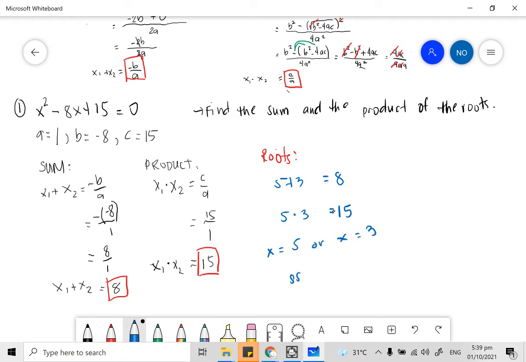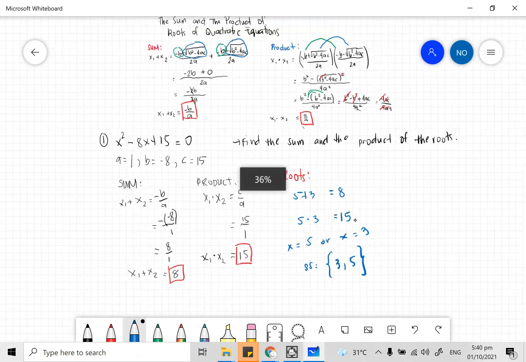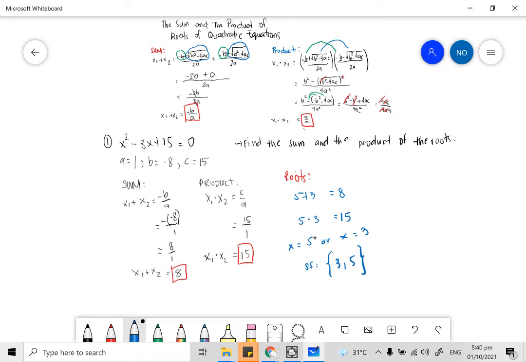And then our solution set must be 3 and 5. Nakuha po? So, tama. Pwede kayong gumamit ng ibang method para mahanap yung values ng x or yung roots natin. Now, kung wala na kayong tanong class regarding example number 1, proceed tayo sa example number 2.